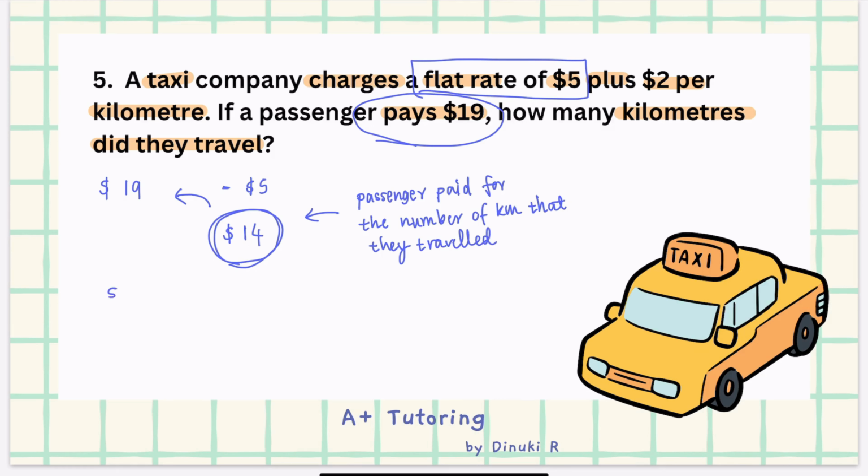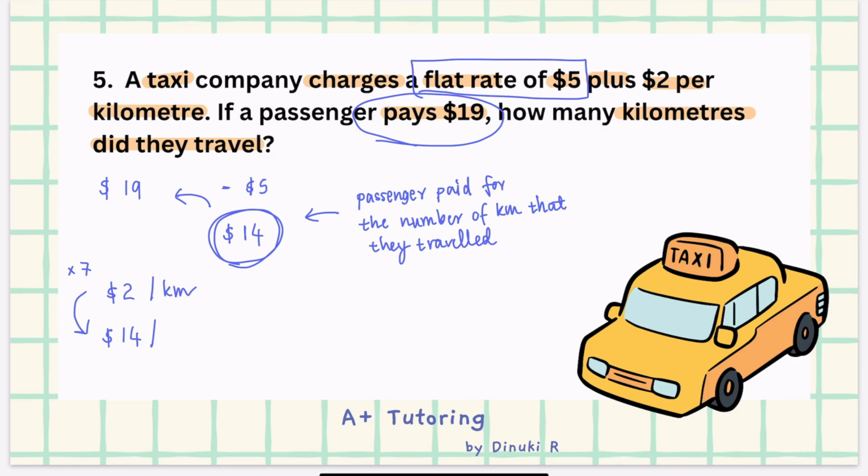So we've been told that it's $2 a kilometer. And remember, we're working backwards. We know that we've spent $14 on the kilometers, right? So let's look at the relationship. How do we get from 2 to 14? We're doing times 7, right? 2 times 7 gives us 14.